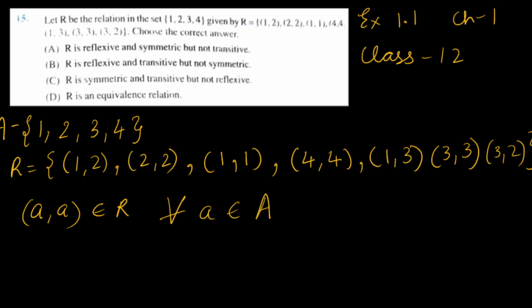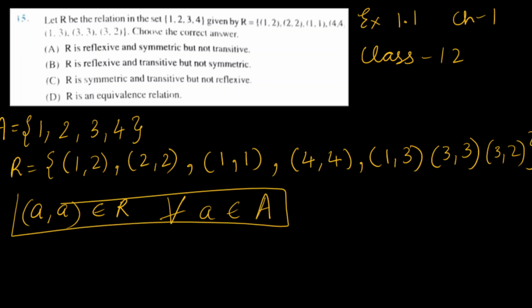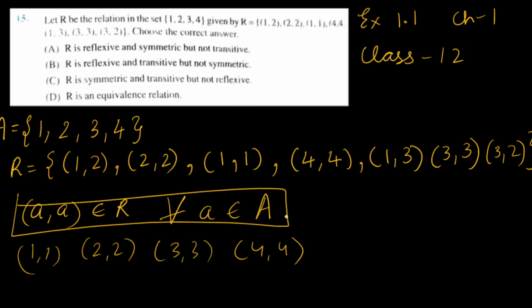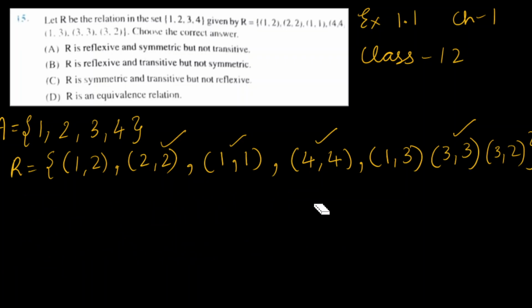Let us say this set is A. As per this definition of reflexive relation, I should have (1, 1), (2, 2), (3, 3) and (4, 4) in the given relation. We can see all these are present: (1, 1) is there, (4, 4) is there, (3, 3) is there and we do have (2, 2) also. So all these ordered pairs are present, which means the given relation is reflexive.